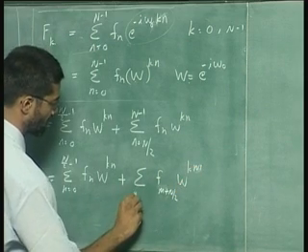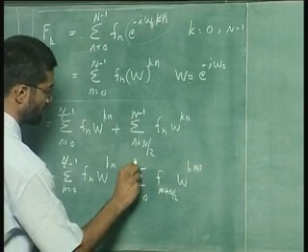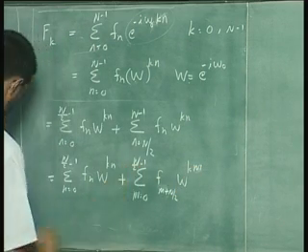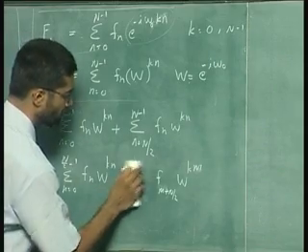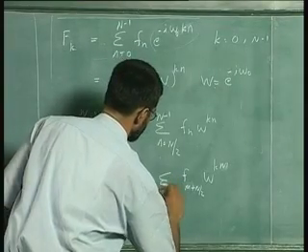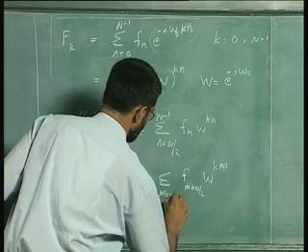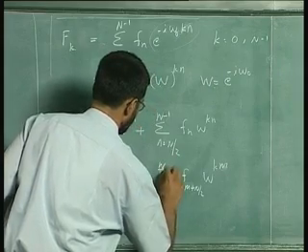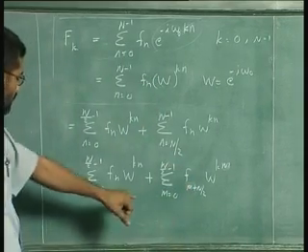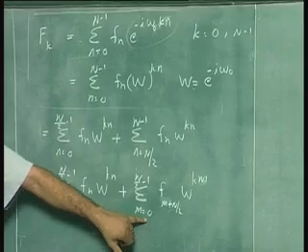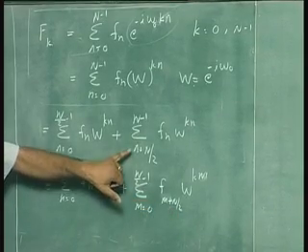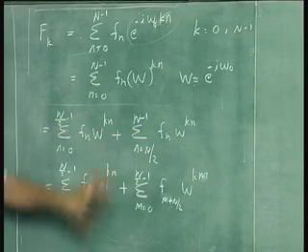Now the m goes from 0 to N by 2 minus 1. So you see when m is 0, this is N by 2, and that's what we have when n is N by 2. So these two are the same, right?